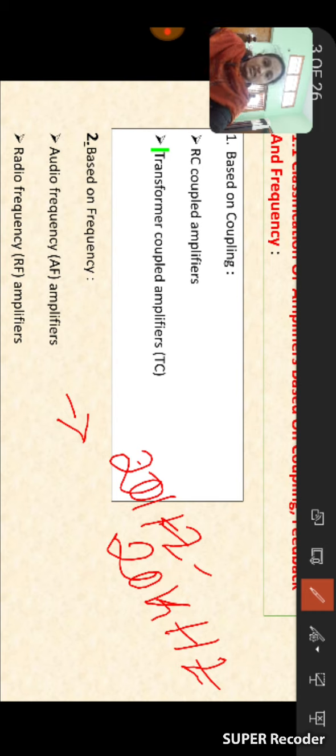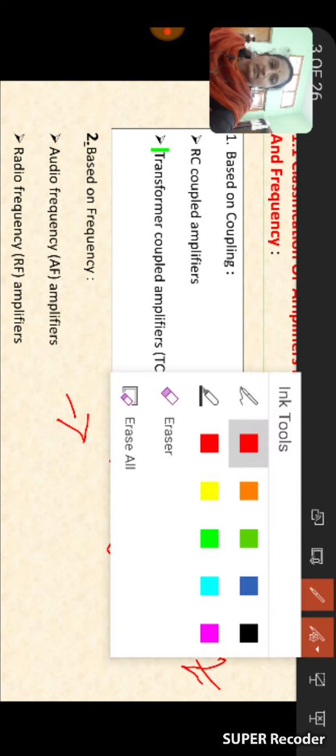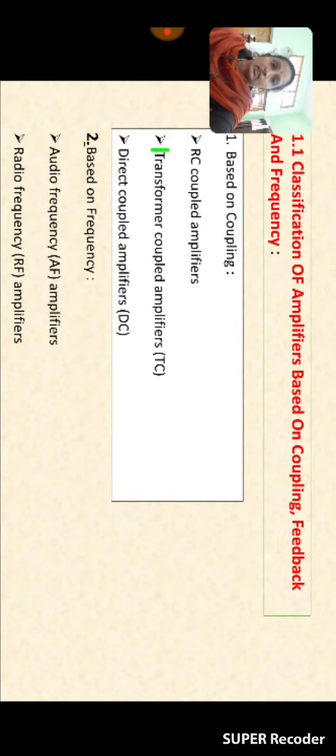Based on frequency there are two types: audio frequency amplifiers, which amplify signals in the range of 20 Hz to 20 kHz, and radio frequency amplifiers, which increase the strength of radio frequency signals. Is it clear? Next classification.